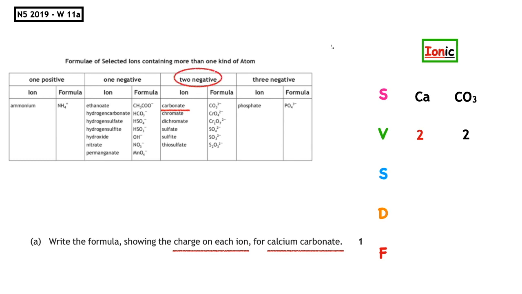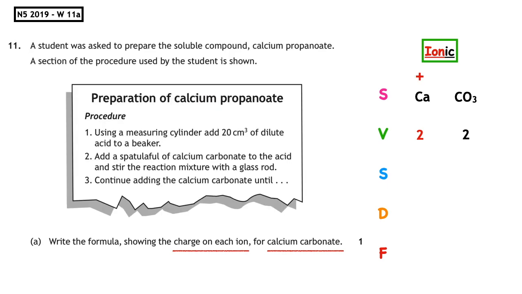Metals always lose electrons to form positive ions, so the calcium will be a positive charge, which means that the carbonate must be the negative charge. Remember, for ionic formula, we make a sandwich and wrap it up. The charge on the calcium ion is 2 positive, in brackets, and the charge on the carbonate ion is 2 negative.